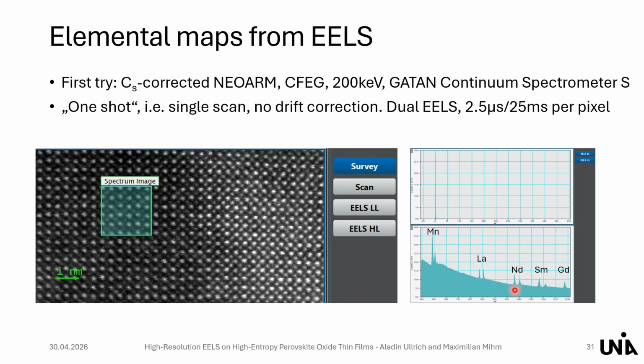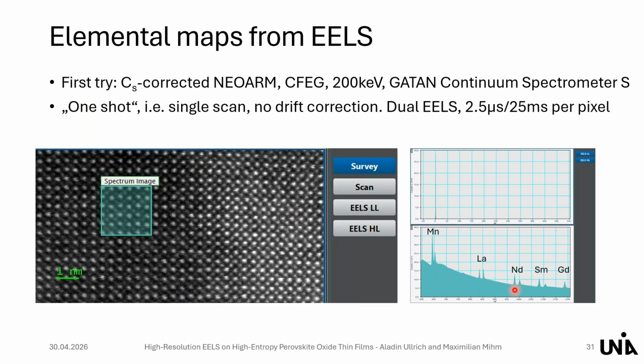Maybe I can also add that in GMS you have many options when you want to do the quantification. Here, of course, we do have white lines. We have some models, but one thing that is also very powerful is that you can create standards, and that can significantly improve your quantification result.